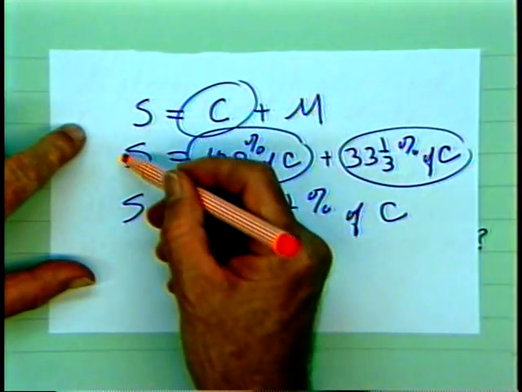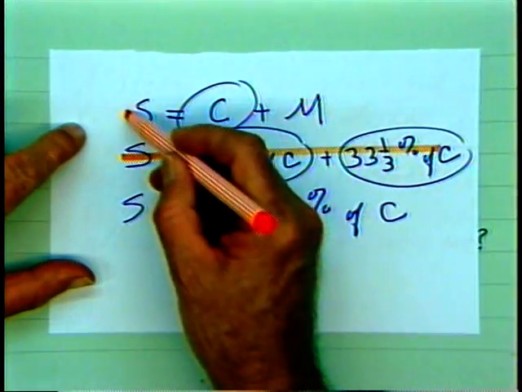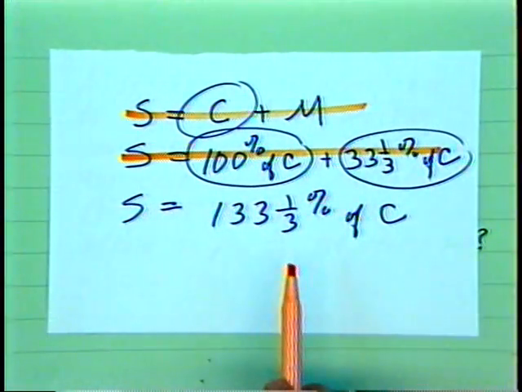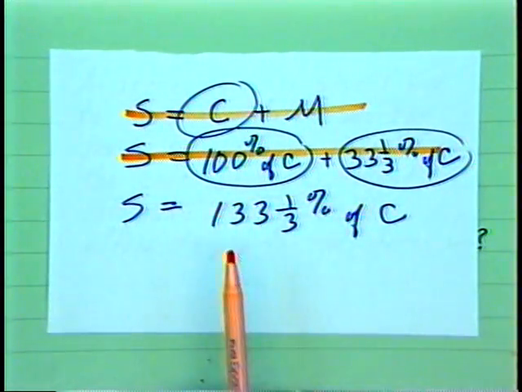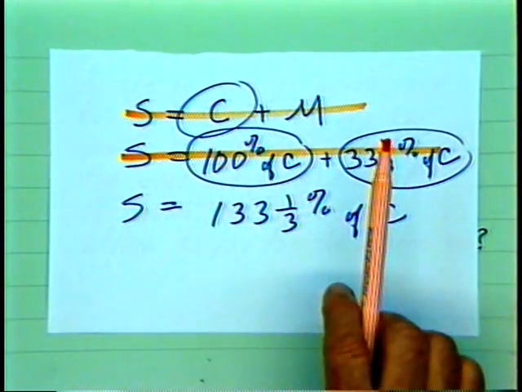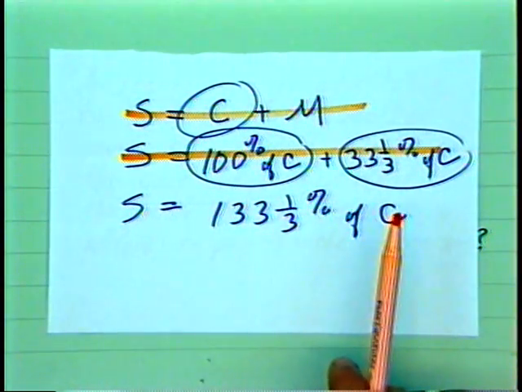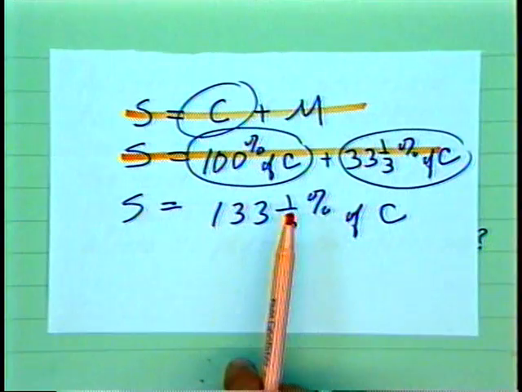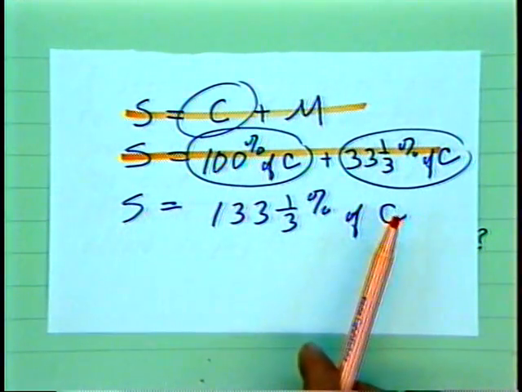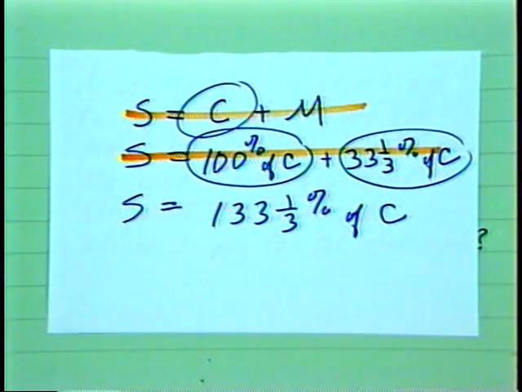This step, through a few more problems, will be eliminated, as would this, and you'll simply think that, gee whiz, if I have 100% of cost and increase it by 33 1/3%, then it's obviously 133 1/3% of cost, and that is the selling price.